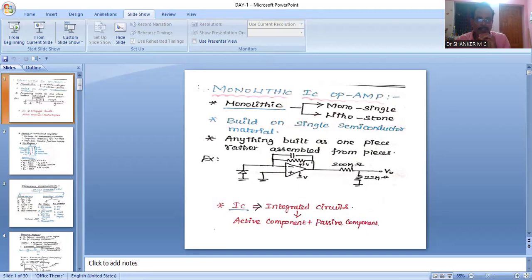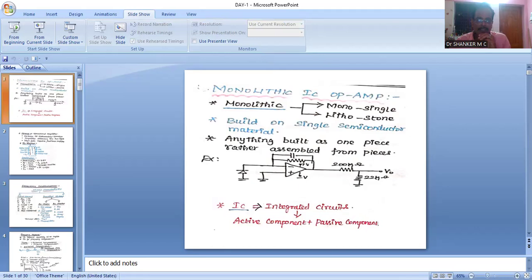Here you are seeing that all these components have been built on a single semiconductor material called the silicon wafer, built as one piece rather than assembled from pieces. This is the symbol of the operational amplifier. The integrated circuit has active as well as passive components.